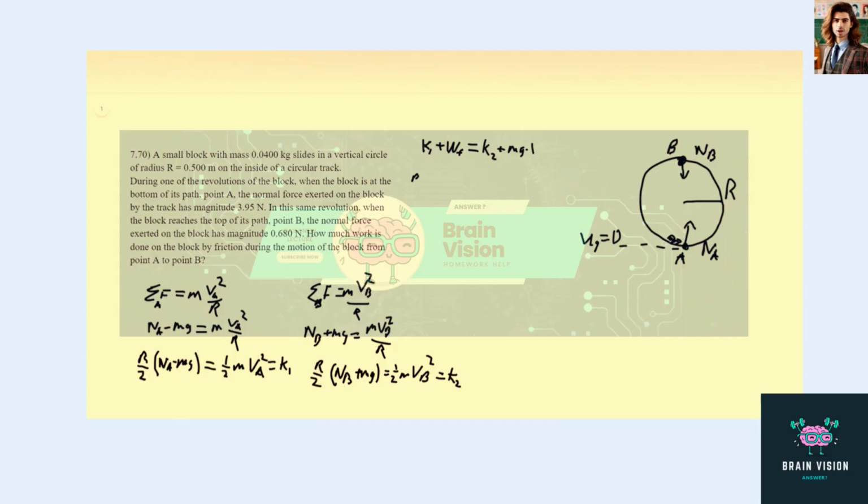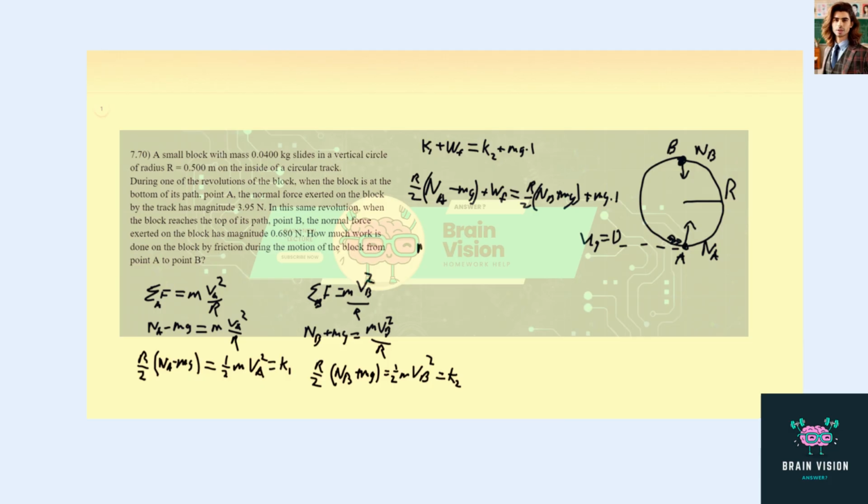So we have r over 2 Na minus mg plus work due to friction equals r over 2 Nb plus mg. And then we're going to have plus mg times 1. Okay, so now we can solve for our work due to friction.